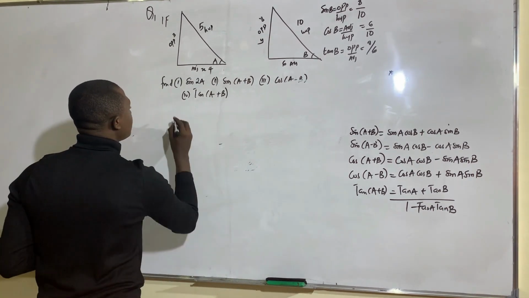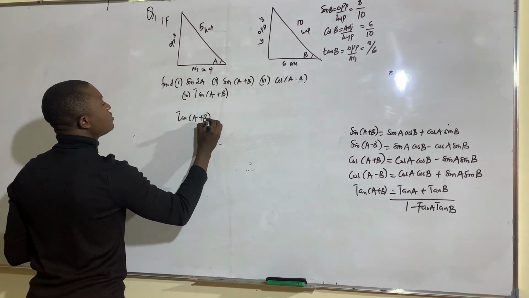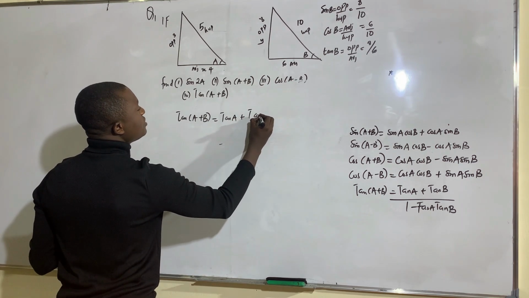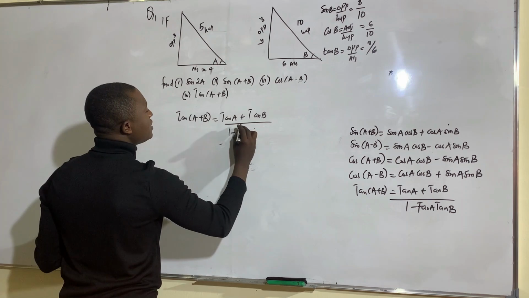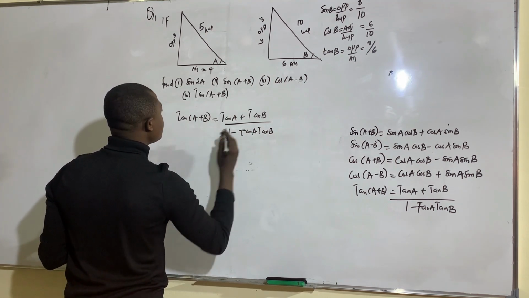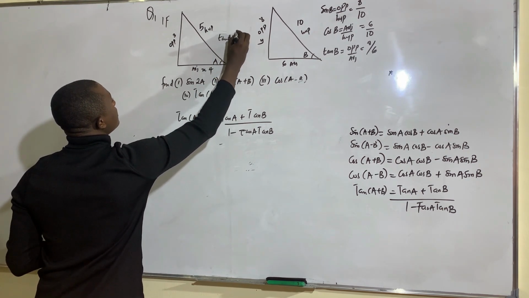Tan(A plus B) now. I want to find tan(A plus B); we have derived the formula for that. That is going to be tan A plus tan B, all divided by 1 minus tan A tan B. So let's just substitute the values. Tan A here is 3/4.